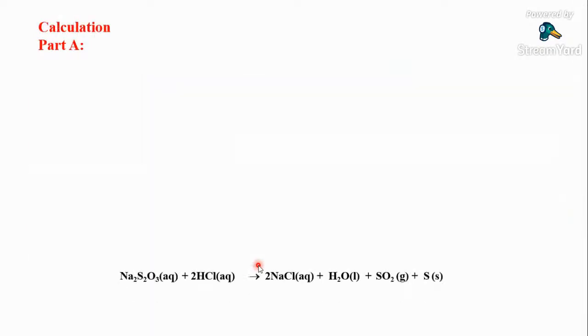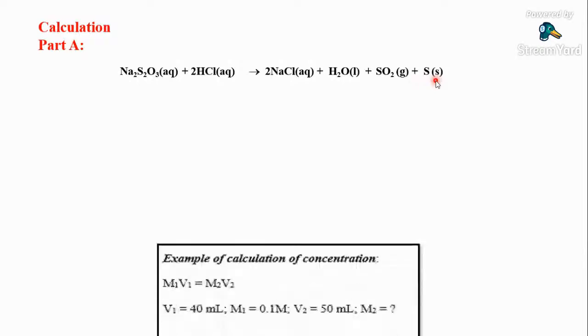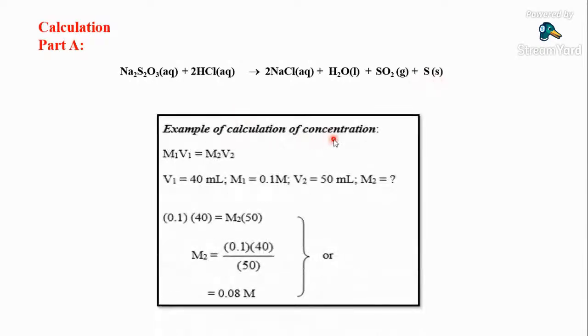So, okay, this is the equation for Experiment 1, Part A: the reaction between sodium thiosulfate and hydrochloric acid. It forms sodium chloride, water, sulfur dioxide, and sulfur. Then this is the example of the concentration calculation. First, you must write down M1V1 equals M2V2.